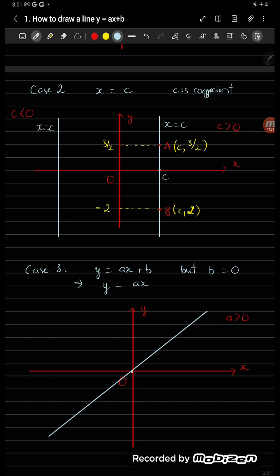It always passes through the origin, and it always stays in the first quadrant and the third quadrant of your OXY coordinate. So if a is positive, meaning greater than 0, the line always passes through the origin and stays in the first and third quadrants of your OXY coordinate.